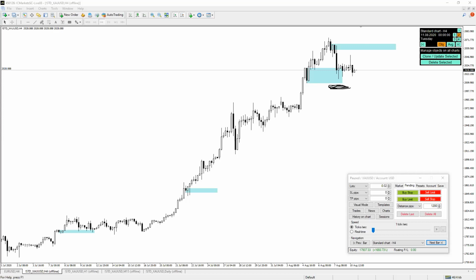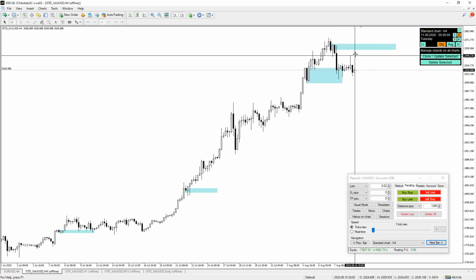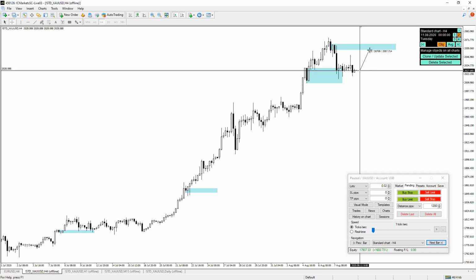But since we've not seen that, let's wait and hope that after the break above this high, our entry from this point will hold towards the downside. Then we'll be taking an aggressive position from this point, with an aggressive stop loss maybe around this point or this point. Then you'll be targeting this low to be taken out and price to come all the way down to this point here. We can be lucky if price does more than that, but how many pips?